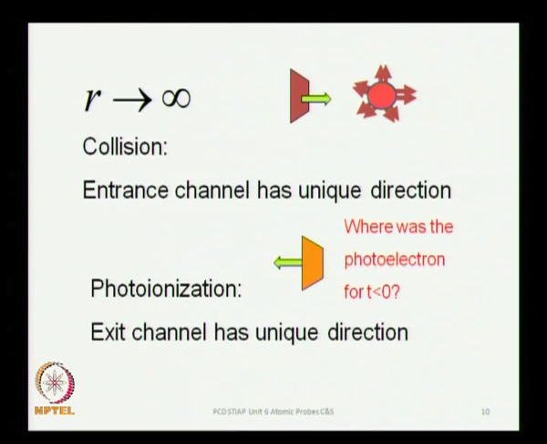If photoionization took place at t equal to 0, so that is your clock and you set t equal to 0 at that, where was the photoelectron? It did not exist as an electron, it did not exist as a free particle, it just was not there. It is very similar to beta decay.